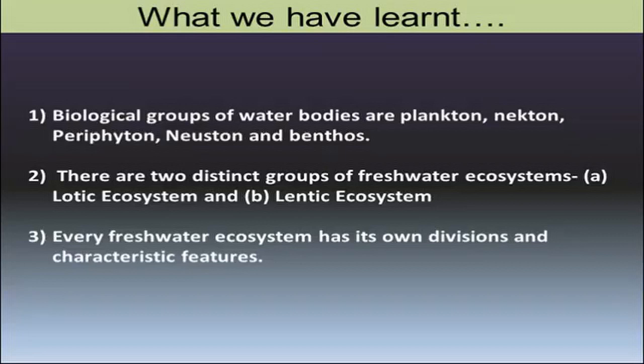This division is based on the nature of flowing water or calm water. The calm water is in ponds and lakes, and the flowing water is in rivers and streams. And every freshwater ecosystem has its own divisions and characteristic features in terms of the penetration of light, or in terms of the availability of organisms or nutrients. So this is what we have learned today. Thank you very much.